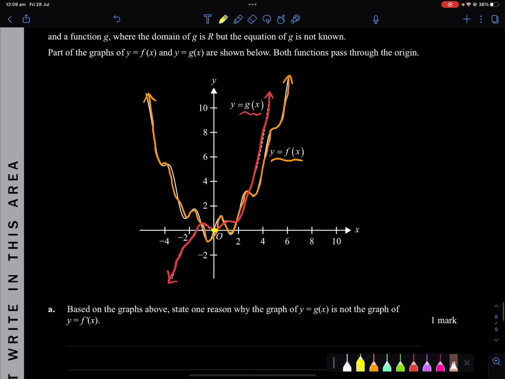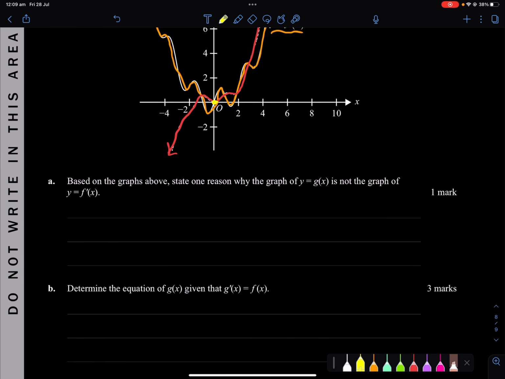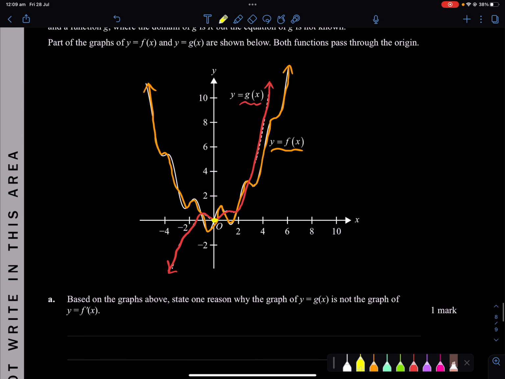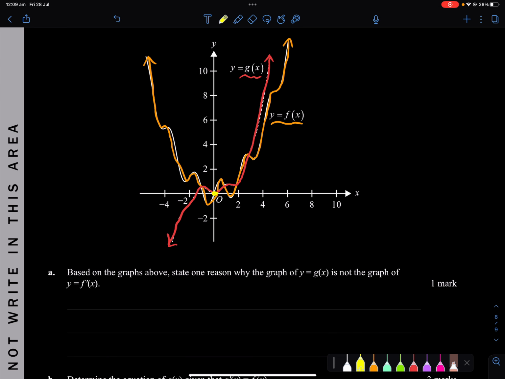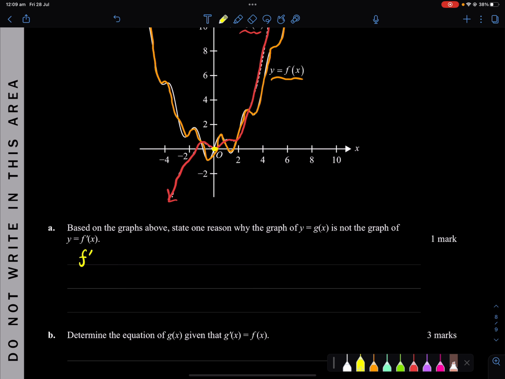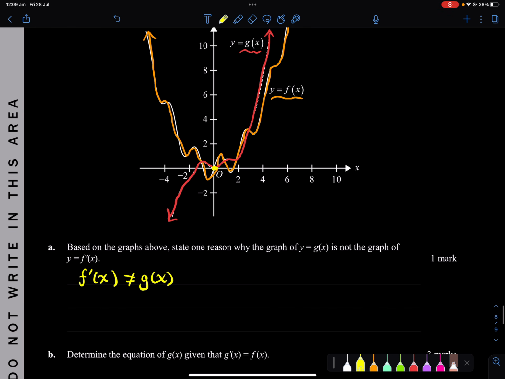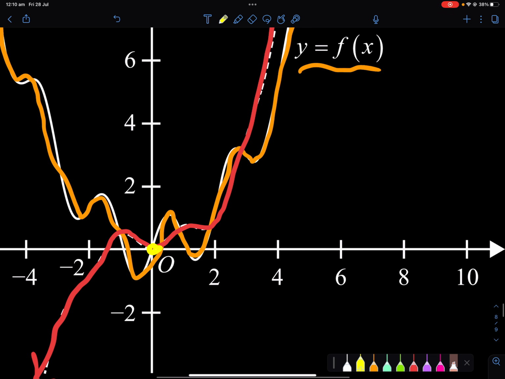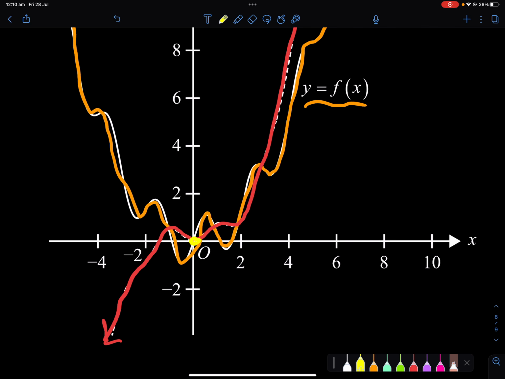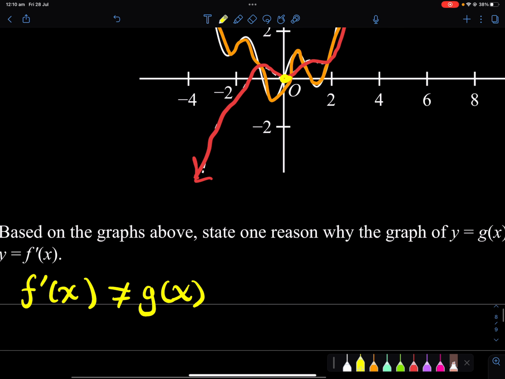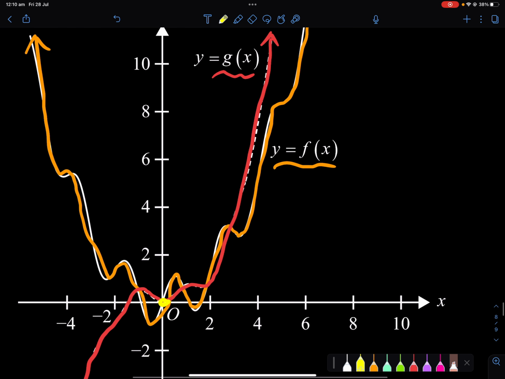Based on the graph above, state one reason why the graph of y equals g of x is not the graph of y equals f dash of x. So they're saying that f dash of x is not equal to g of x. If you look at the turning points, let's say f is the actual function.